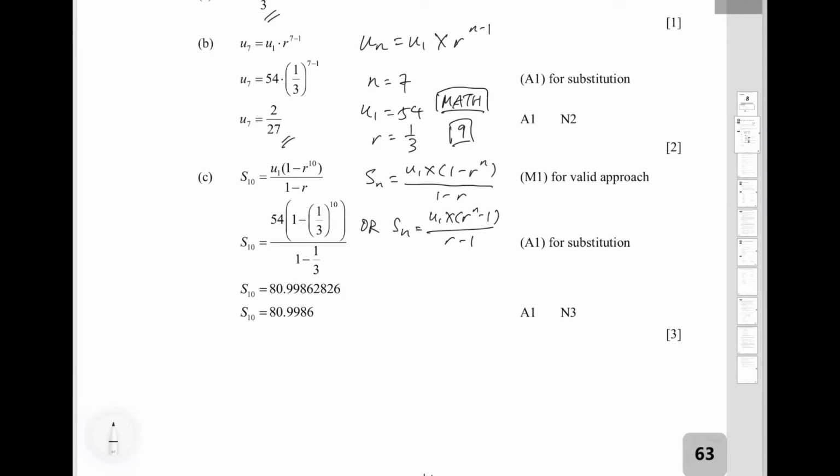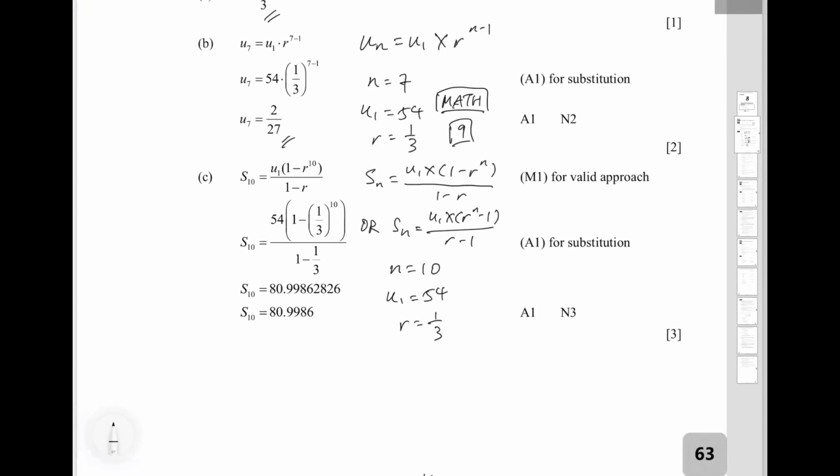Then we have to identify the numbers to be substituted. That is, we replace n by 10, as there are 10 terms to be considered. We use the same values: u1, the first term, equals 54, and the common ratio r equals 1 over 3. Substitute into this formula.